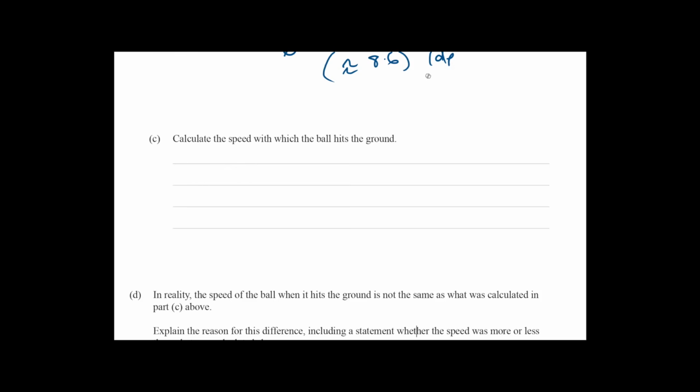All right, so the next question asks us to calculate the speed, should be velocity, with which the ball hits the ground. So after it falls 14.7 meters. Okay, the key insight here is to know that if we ignore heat, and I can see down here that anticipates the next question, the potential energy at the top is going to be equal to the kinetic energy at the bottom, minus a little bit of entropy.